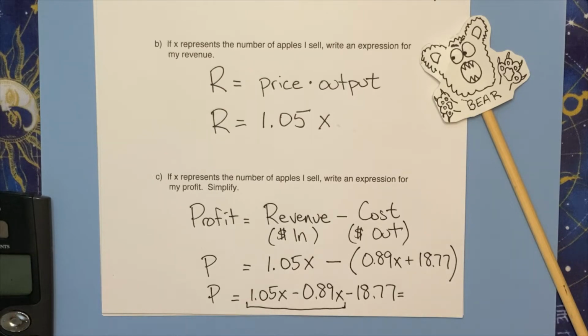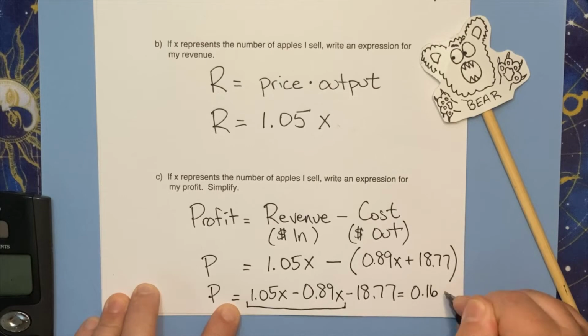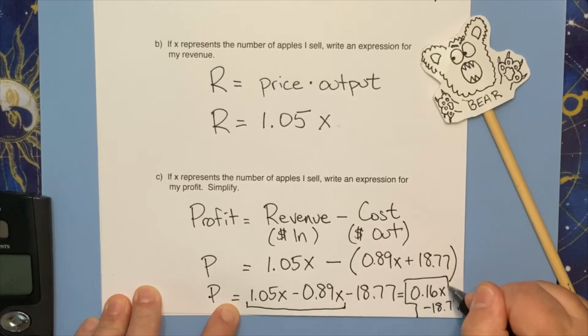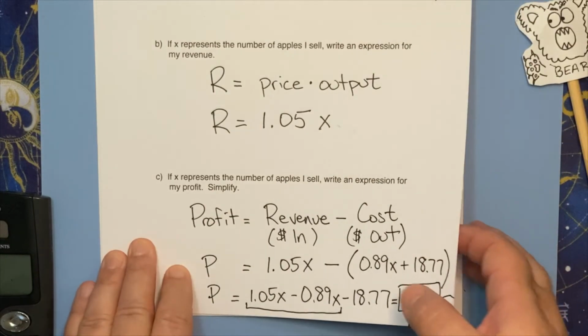So I would double check with the calculator at the very least. But in this case, I'm going to go ahead and subtract. I think I can get this one. And I think I get 0.16x minus 18.77. Sorry, it got so squishy down there. So that's our answer for that one. Woohoo! First page done.